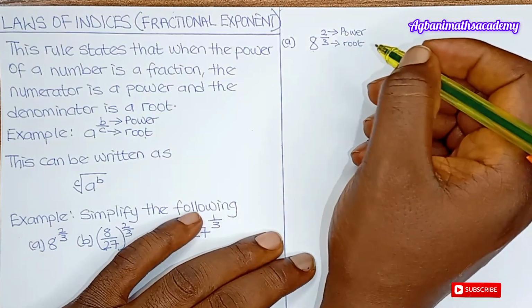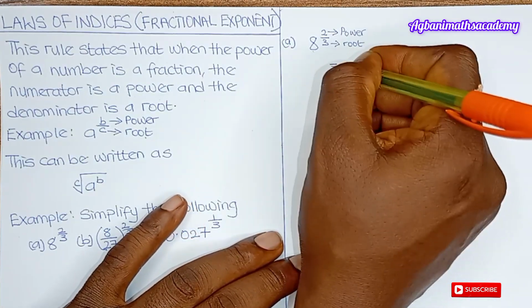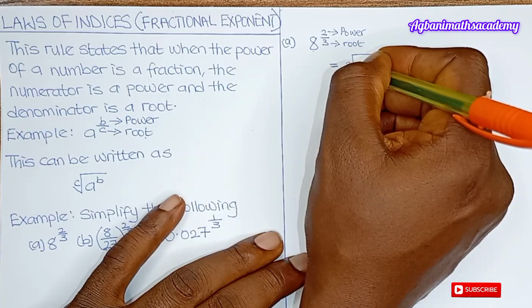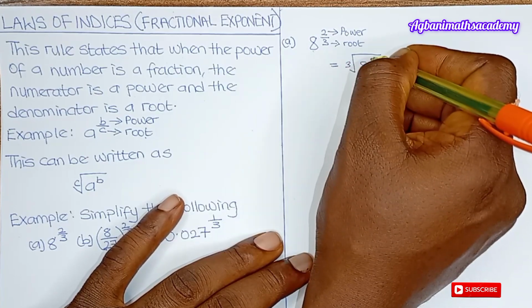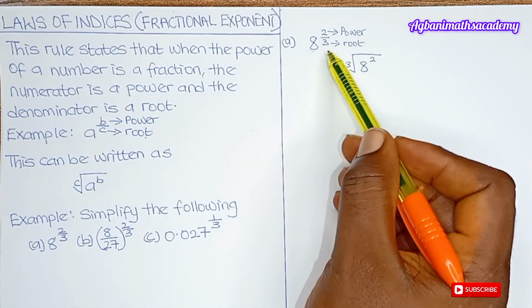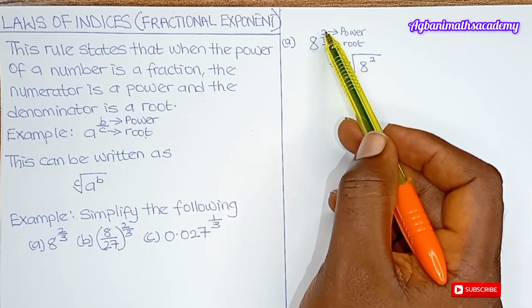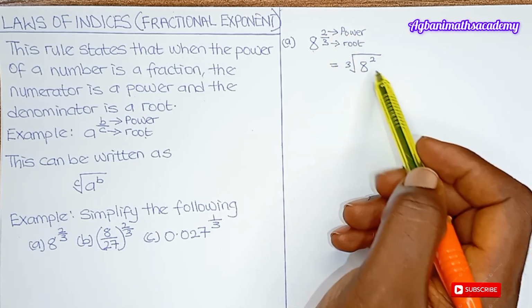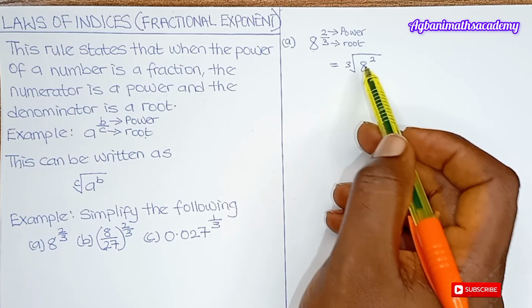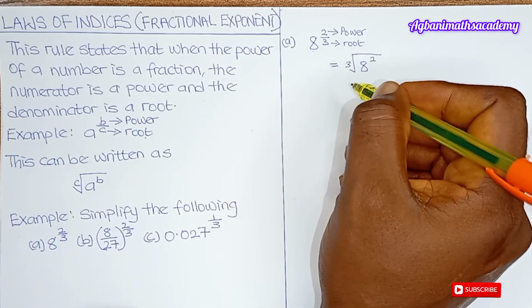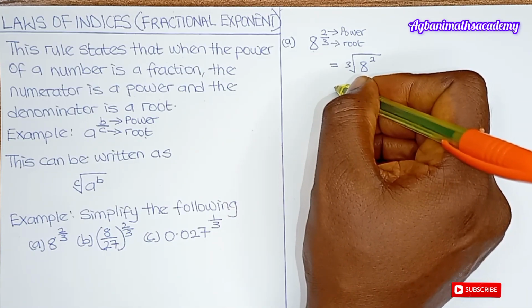So we can rewrite this expression as the cube root of 8 to the power of 2. The denominator is 3, which is a cube root, and the numerator is 2, which is a power of 2. So what is the square of 8? The square of 8 is 8 multiplied by 8, which will give us 64.